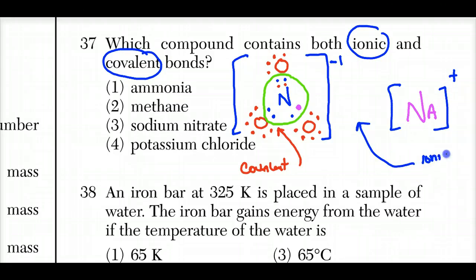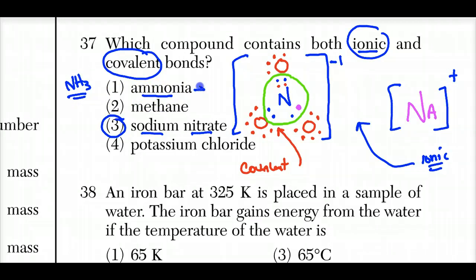So anytime you're looking for both ionic and covalent bonds, you're looking for a salt, something that's ionic, that has a polyatomic ion. And as if you haven't already guessed, sodium nitrate is the only thing here that has a polyatomic ion. Ammonia is NH3. And if you don't know what ammonia looks like, look at table K, I think, and it lists that there.